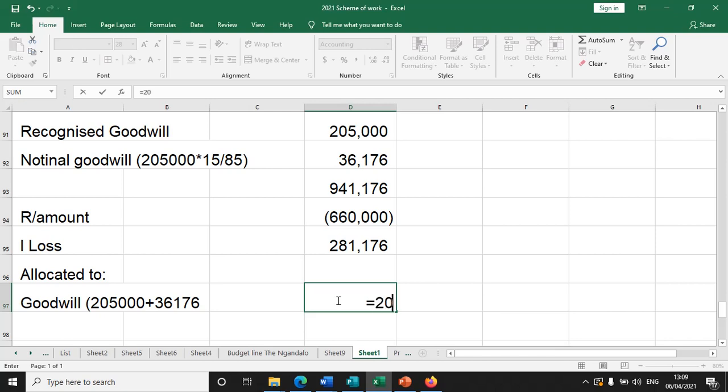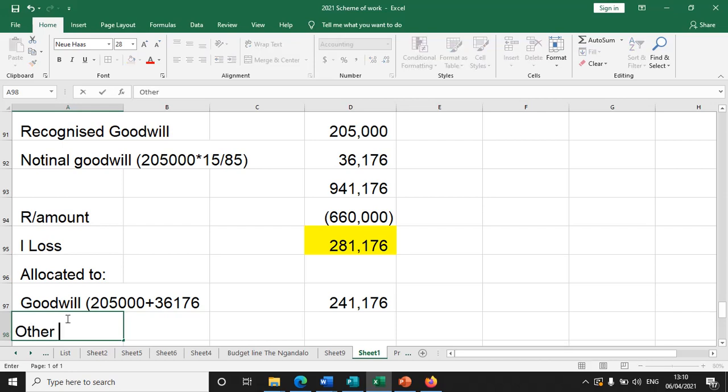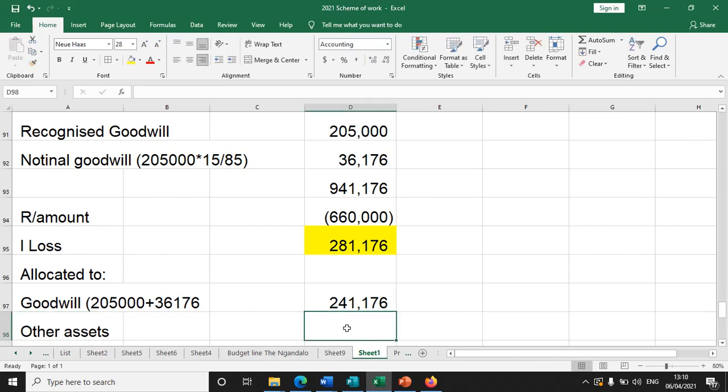You have got that. Now notice that you have not exhausted the full impairment loss. Still remaining with some value, so other assets will be allocated with the impairment loss.